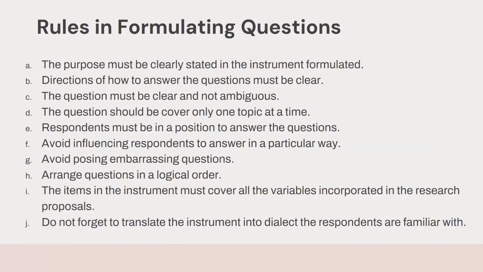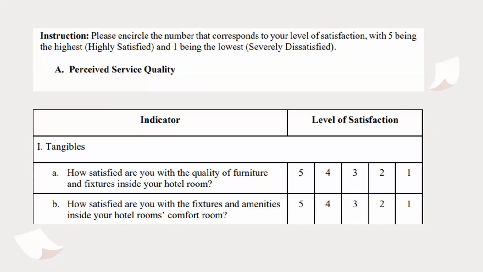Okay, so next, avoid posing embarrassing questions. Of course, arrange questions in a logical order. The items in the instrument must cover all the variables incorporated in the research proposal. So here, naka-arrange siya per variables.